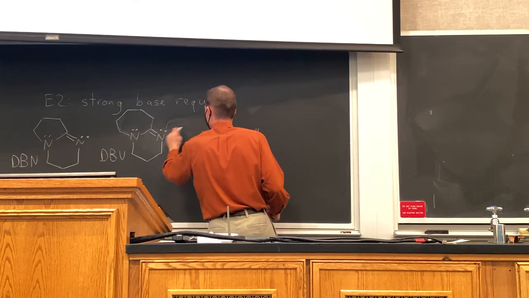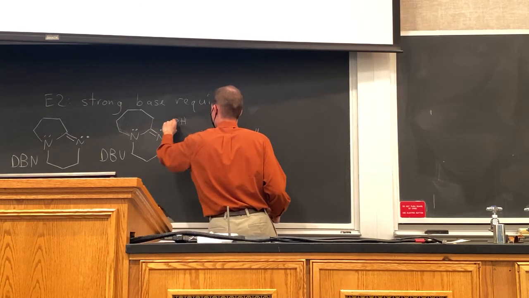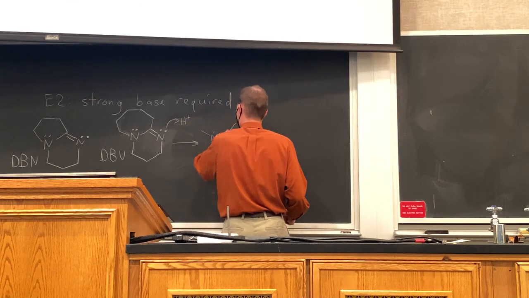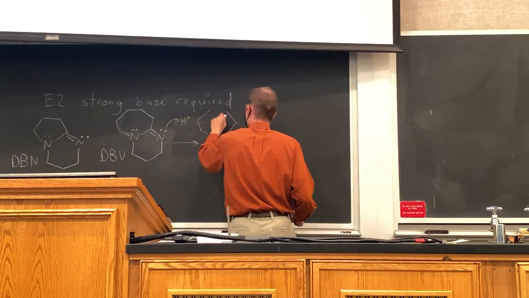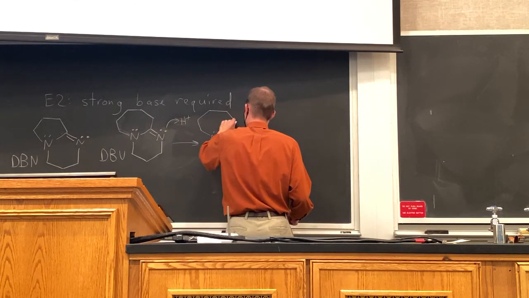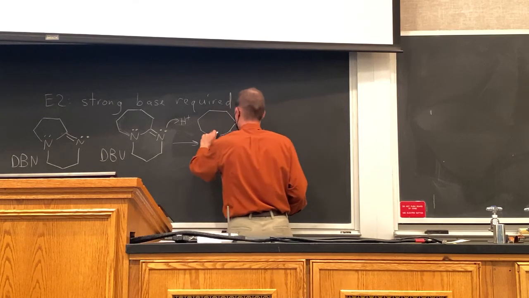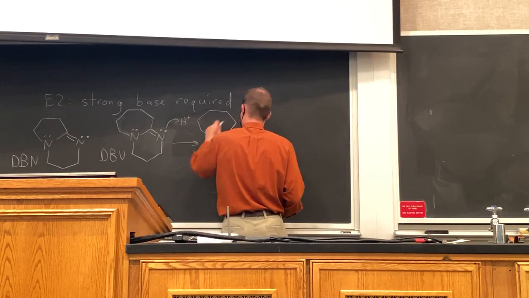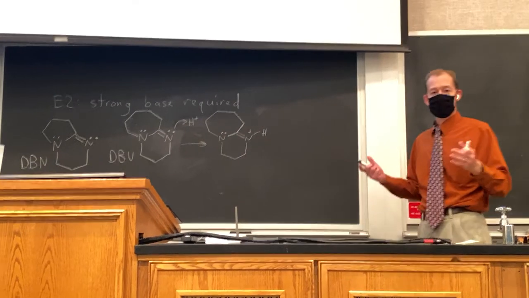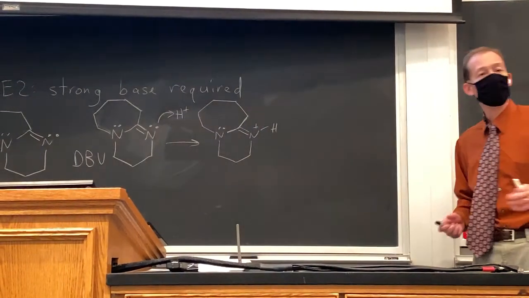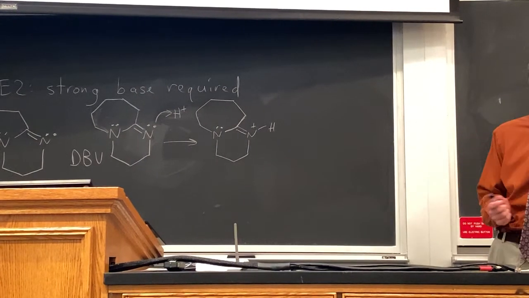I didn't make my arrow long enough. I'll move this over. It's always more difficult to draw 7-membered rings than it is to draw 5 or 6-membered rings. Okay. So this is the conjugate acid of DBU where we've protonated on the sp2 nitrogen.